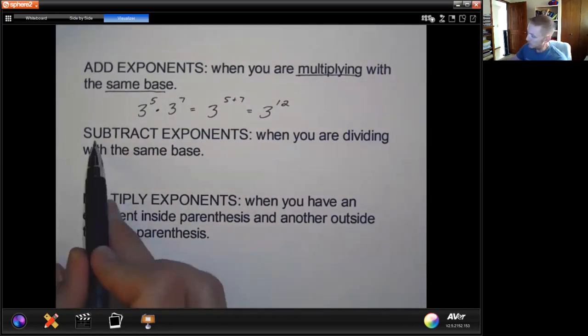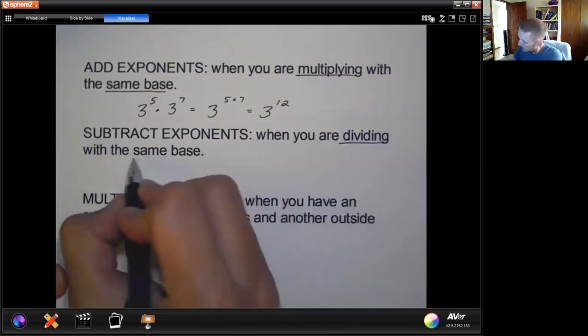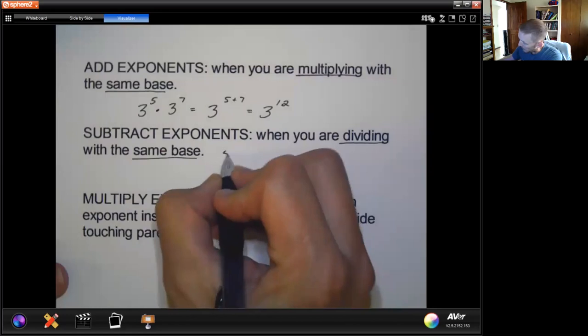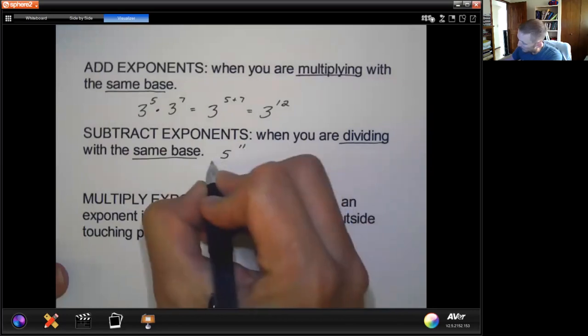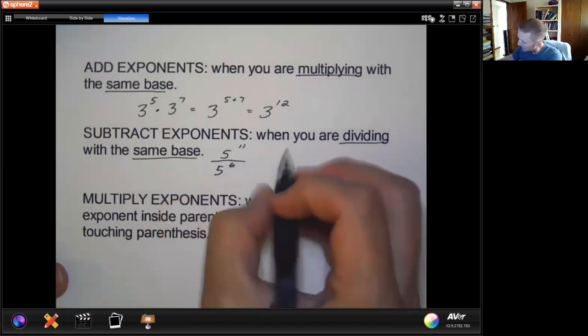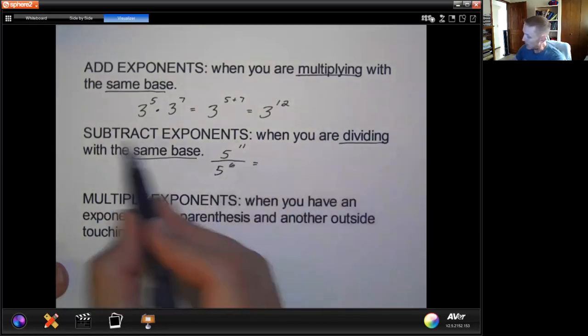The second rule is you're going to subtract exponents if you are dividing with the same base. Well, typically this is going to be in a fraction bar, but you could see the division symbol. And so an example of that would be 5 to the 11th power over 5 to the 6th power. And so if I am dividing with the same base, I'm going to subtract the exponents.